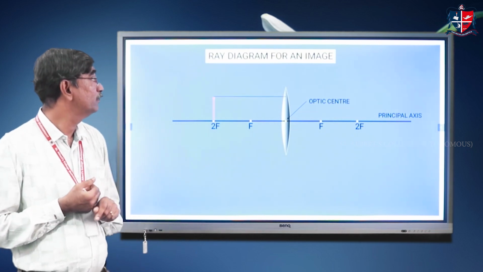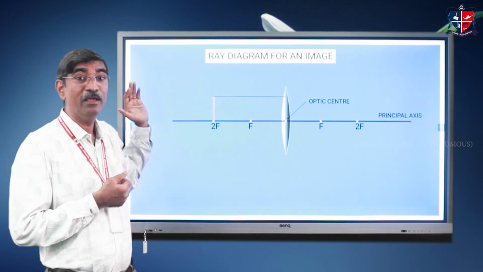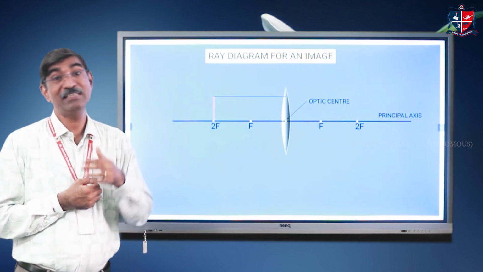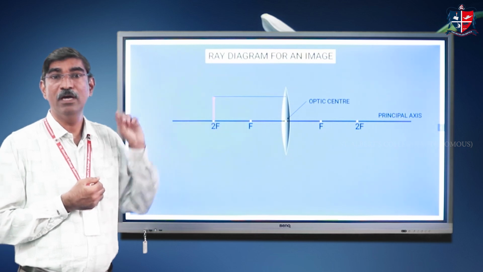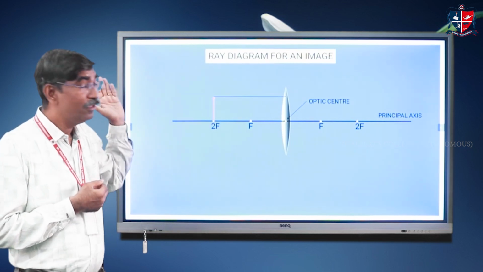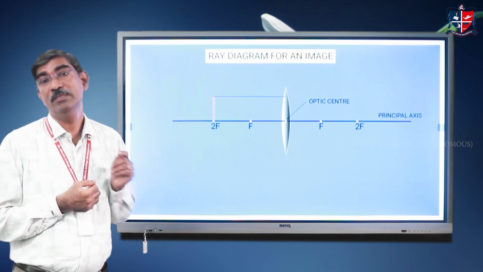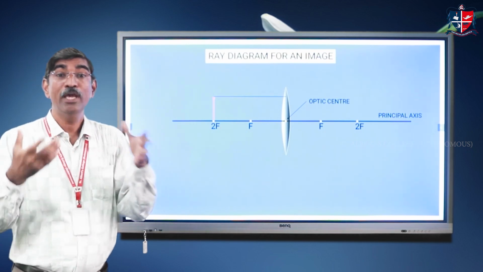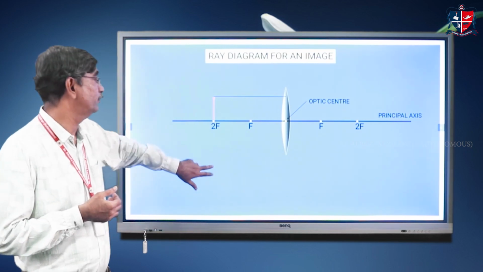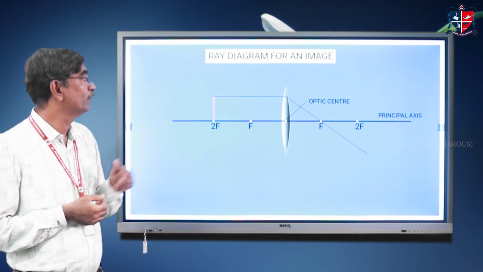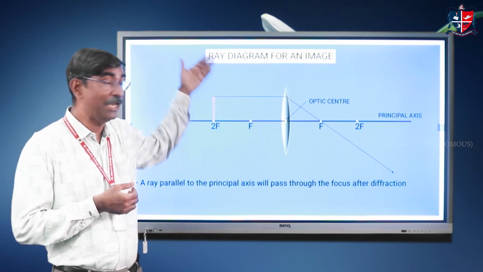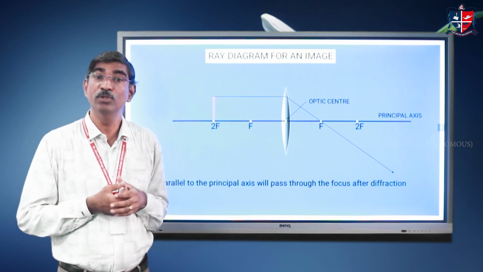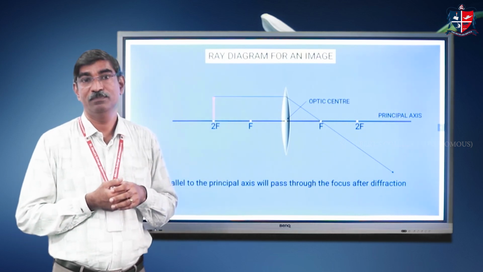First, a light ray which is passing parallel to the principal axis. It reaches the lens, then the path of this ray is deviated. Let us see how it is deviated. See, after passing through the lens, it deviates and passes through the focal point.